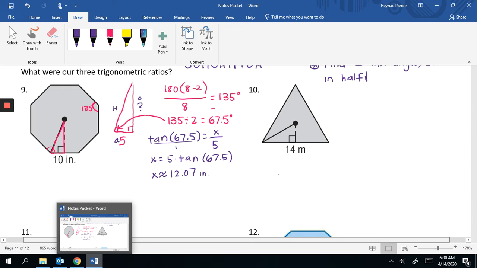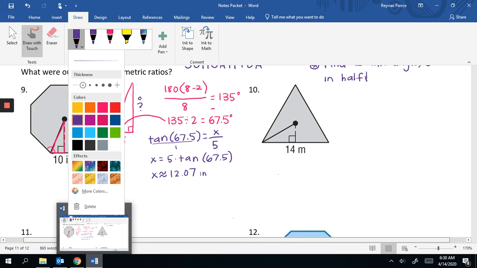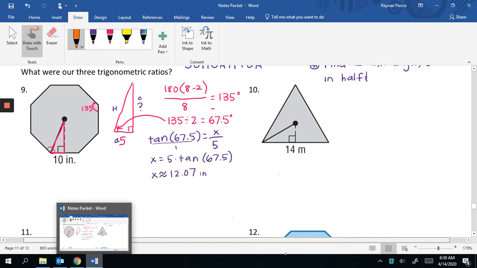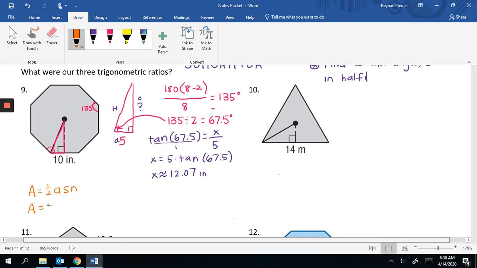Now that we've got the apothem, we can find the area of this octagon. We found that our apothem was about 12.07.